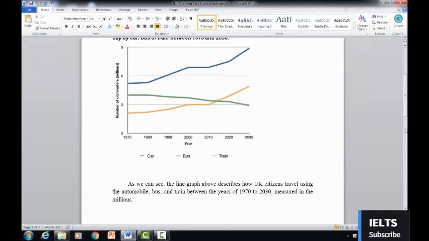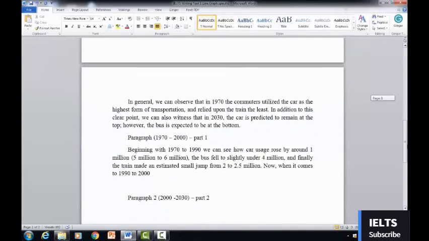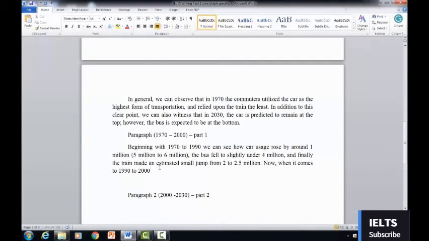So this is how you can compare some numbers here, right? We can say that for this time period, about 4 million more people are using the car than the train, right? Paragraph done.